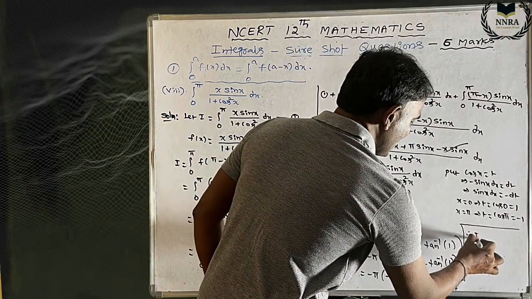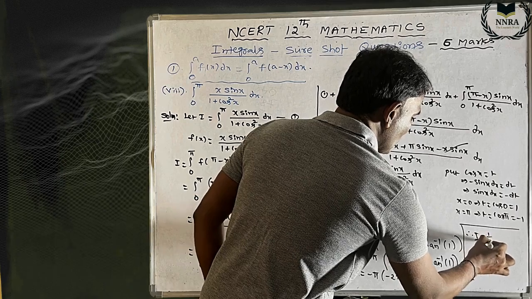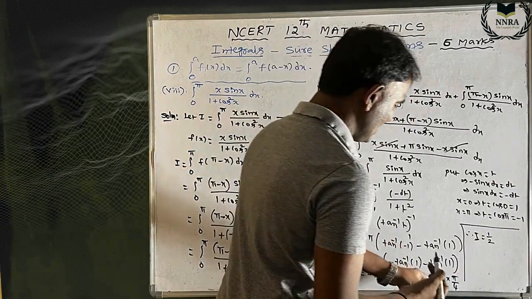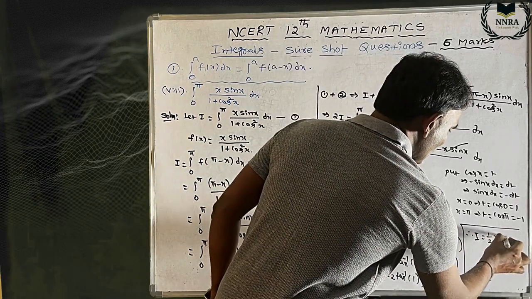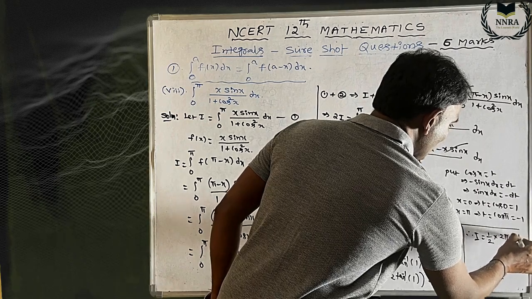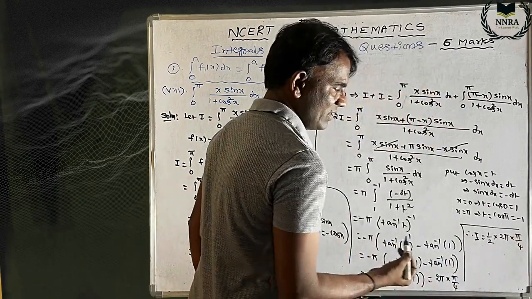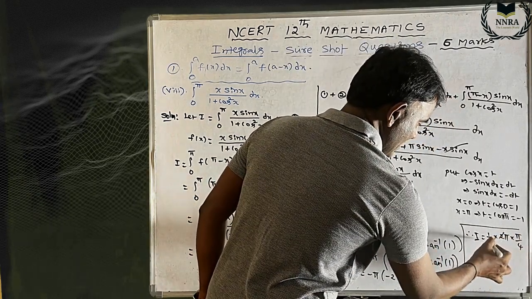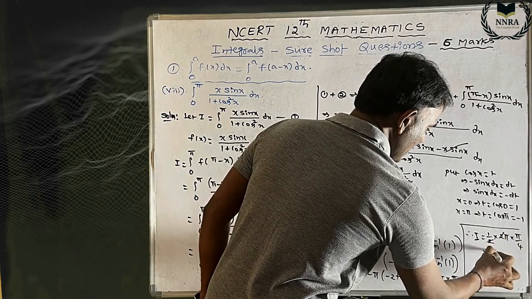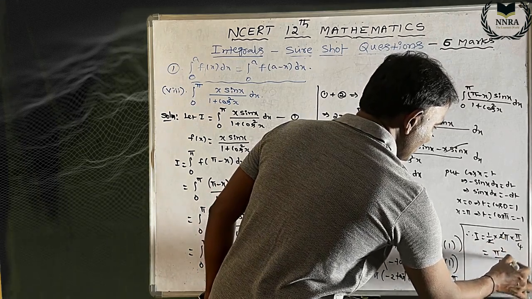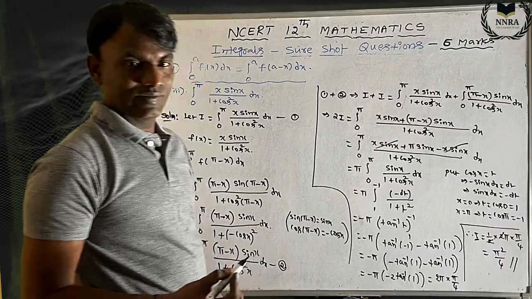So I equal to 1 by 2 of this value, then it is 2 pi into pi by 4. Now this 2 gets cancelled, right? So pi into pi is pi square, divided by 4. That is the final answer.